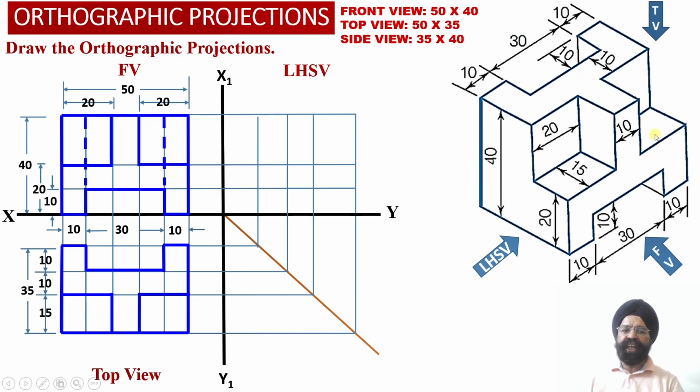Then another thing we need to observe over here: we have got a rectangular slot at the bottom horizontal web. This is the bottom horizontal web. So into this bottom horizontal web, here we have got a rectangular slot being provided over here. But this slot is not visible to the observer from the top. So we are going to observe dotted line projections corresponding to this vertical edge and this vertical edge of this particular rectangular slot over here.